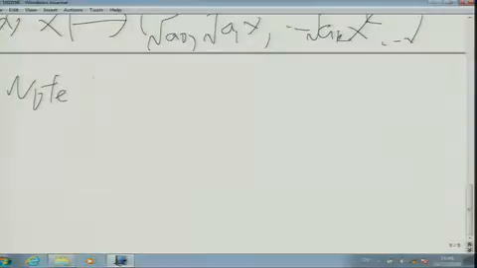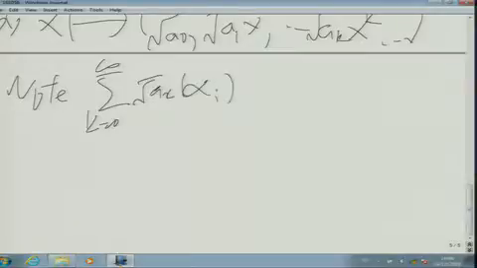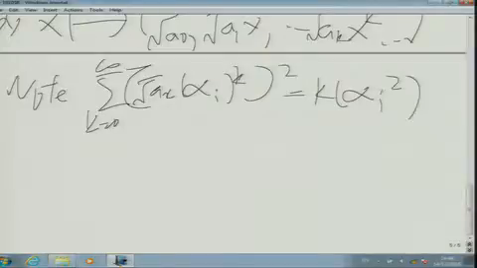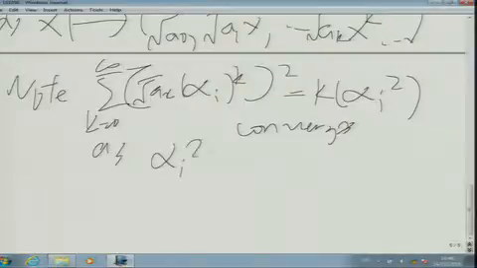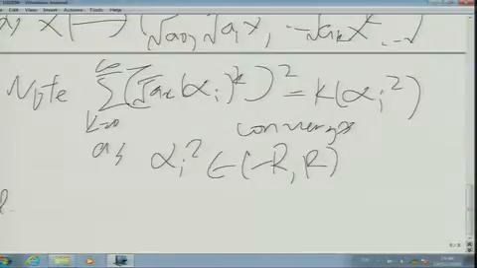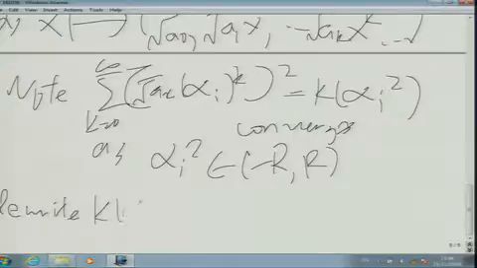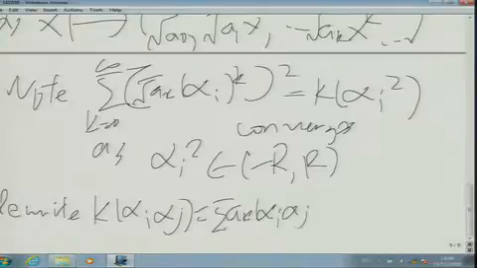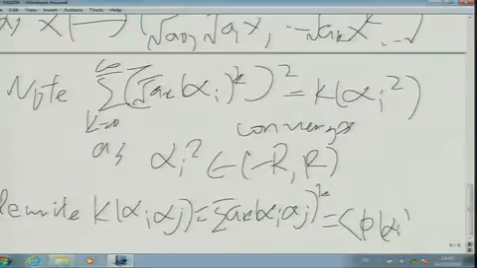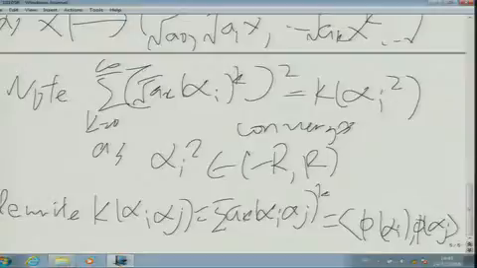And we note that the summation of root of a_k alpha_i to the power k, squared, is indeed K(alpha_i squared), and this converges, since alpha_i squared are in the range of negative R and positive R. So we now rewrite K(alpha_i alpha_j), which is the summation of a_k (alpha_i alpha_j) to the power k, to the inner product form, which is phi(alpha_i) times phi(alpha_j).